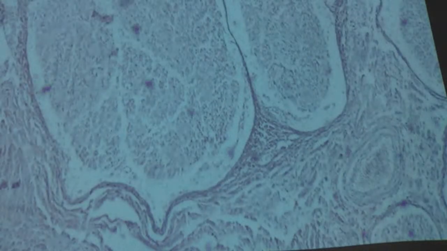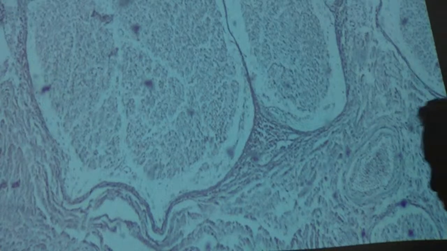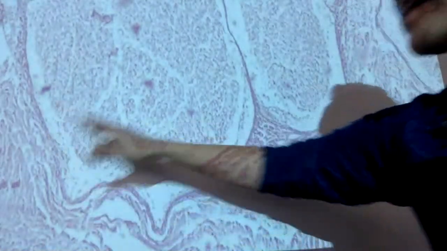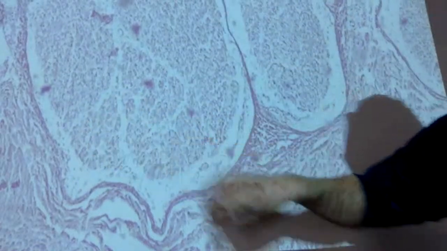Let me show you the same thing, just a different stain. This one shows it very differently, and you can see the fascicles a bit better. We're at 40x right now, and already you can see a big difference. You can see the outline of the whole thing, and you can see individual fascicles.